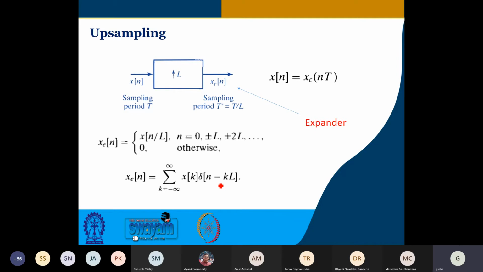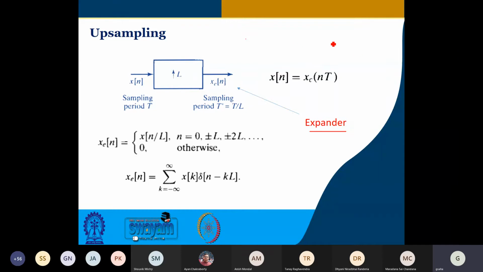So the basic method is, first we do expansion, where the expander block looks something like this. Okay. So upsampling means what?